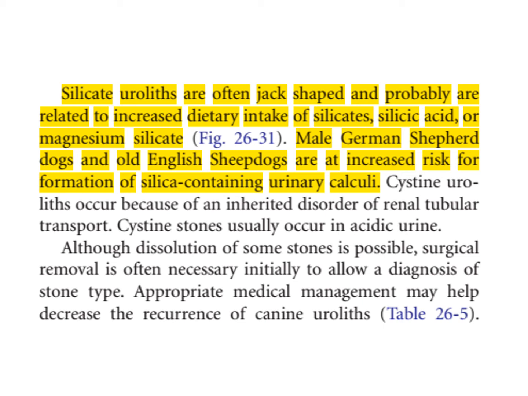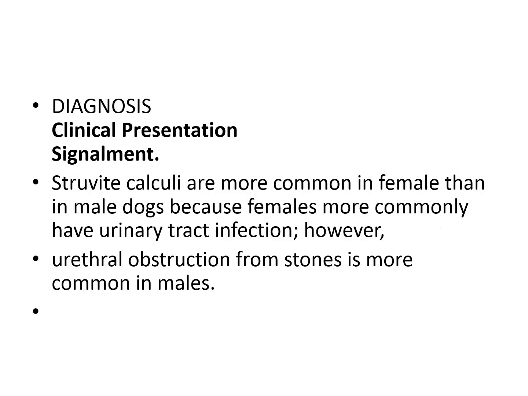Similarly, cystine uroliths occur because of an inherited disorder of renal tubular transport, and cystine stones usually occur in acidic urine. If we diagnose this problem clinically, in a dog presented with uroliths, this problem is more common in females as compared to male dogs, because urinary tract infection is more common.